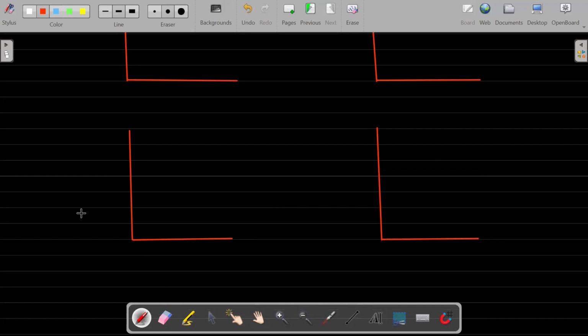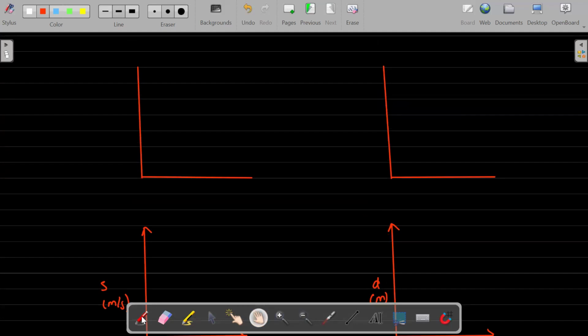Okay, see Fatma, if this is my speed time graph, speed will be in its SI unit and time is in seconds. Then this will be distance, and here distance is in meters and time is again in seconds. Don't forget to put arrows. Your graph should be complete. This is distance, this is speed, distance and time.